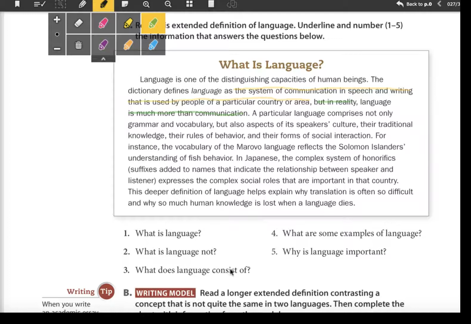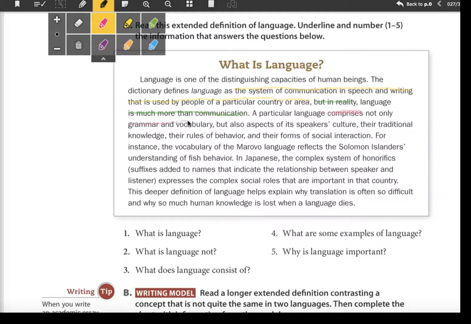Then I can go on to question 3. What does language consist of? Well, when you get the question, what does language consist of means comprises. Comprises is the same as consists of, okay? So a particular language comprises not only of grammar, vocabulary, but also aspects of the speaker's culture, their tradition, their knowledge, their rules of behavior, their forms of social interaction.